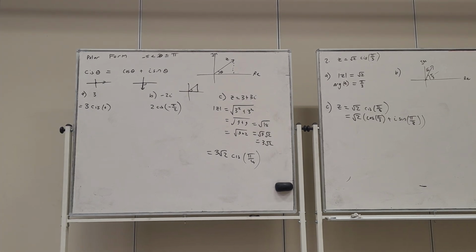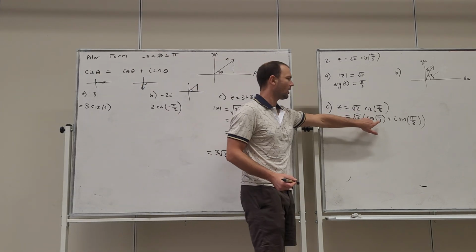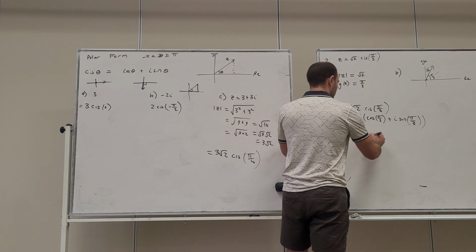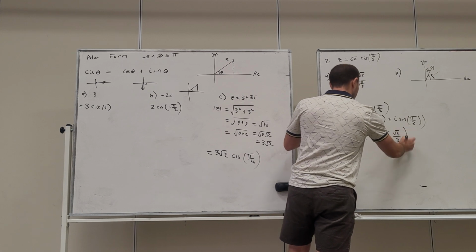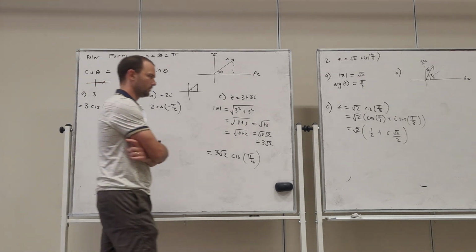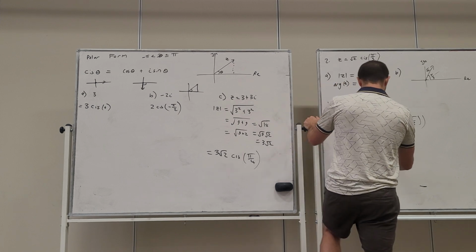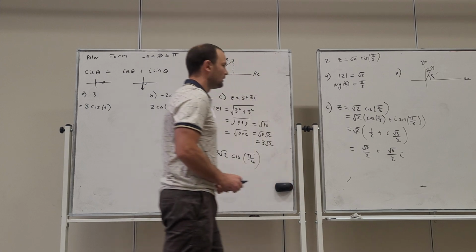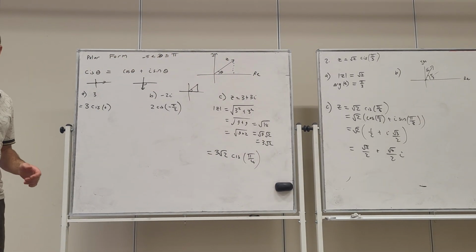Then we will use our unit circle to establish the values. At pi on 3, cos is half. So we have root 2 times half plus i times sine, which is root 3 on 2. And now we will distribute the root 2. Just go root 2 on 2 plus root 6 on 2 i.